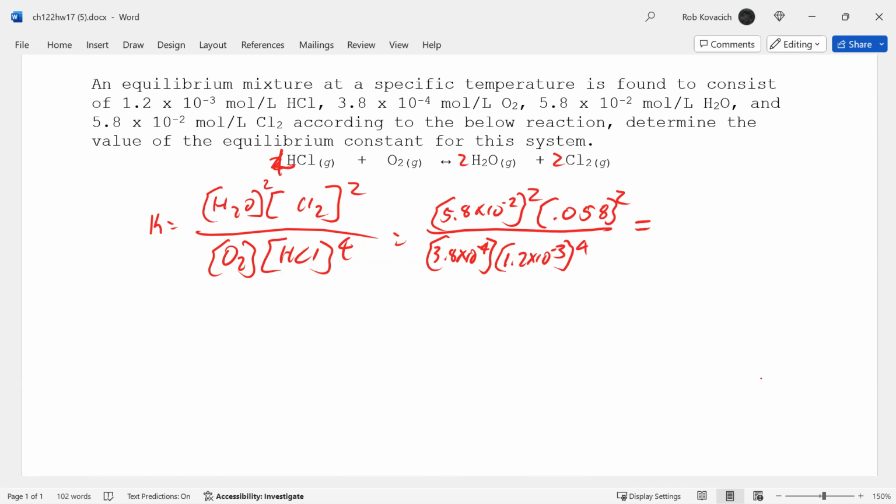So do 0.058 divided by 3.2 negative 4. Divided by, let's see, 2 sig figs, 1.4 times 10 to the 10th.